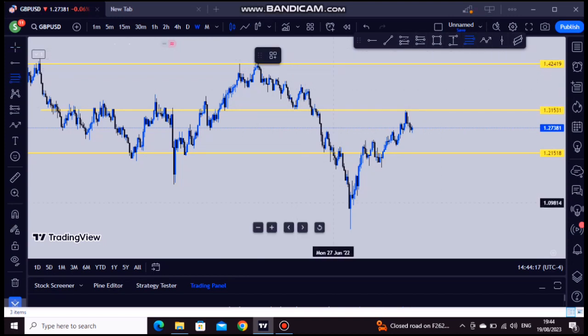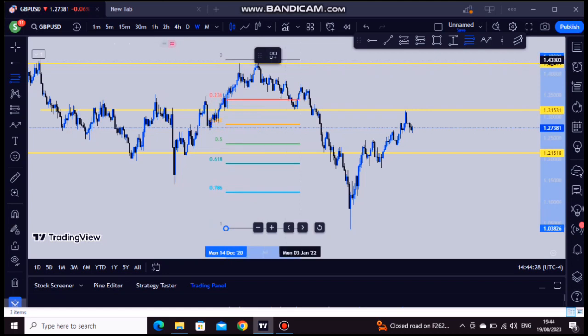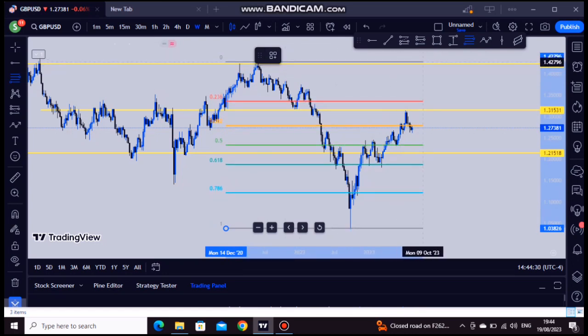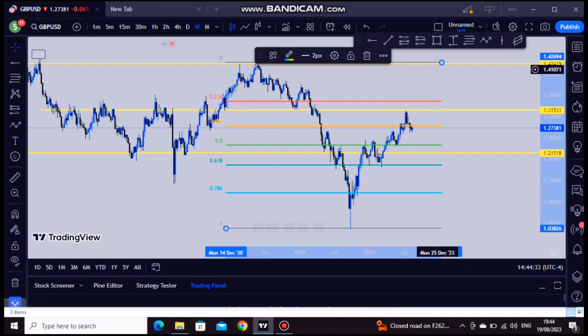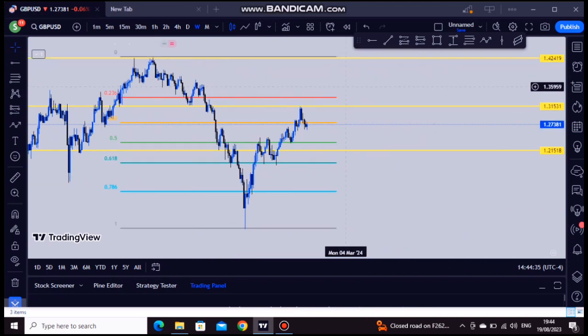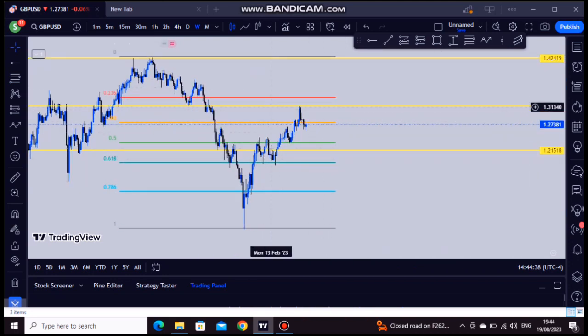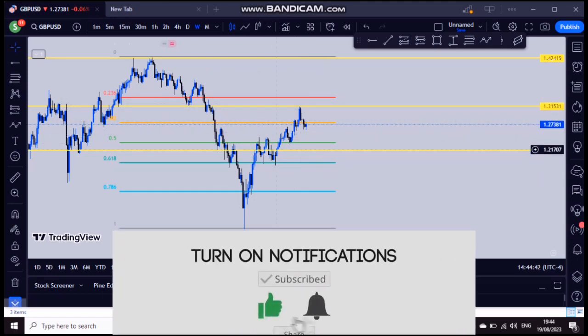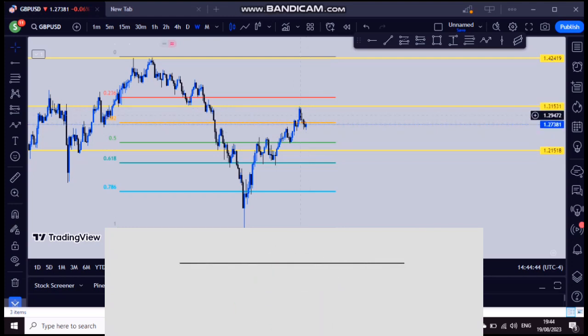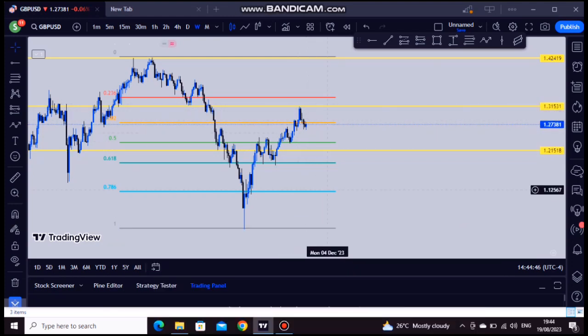If we drag our Fibonacci from this swing low to this swing high, we see that on the weekly time frame we are in the golden zone of the Fibonacci retracement. As you can see, we have tapped perfectly well on that zone, and we are rejecting all of it and going all the way down.